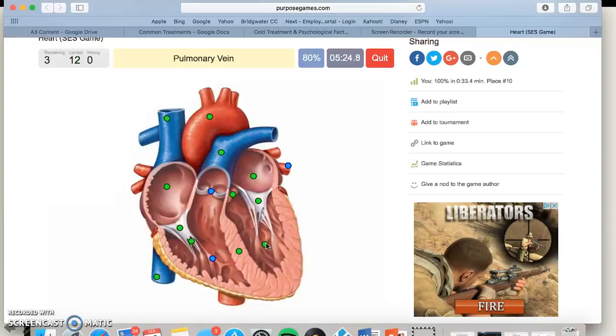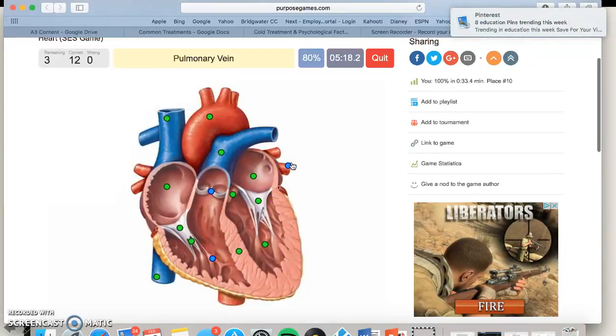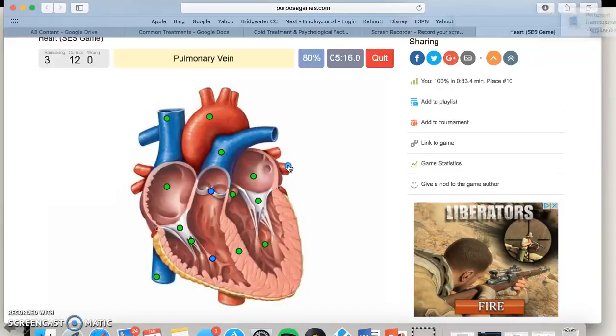The pulmonary vein, which is here, this delivers oxygenated blood back into our body.